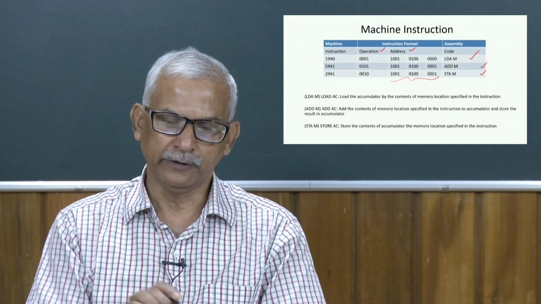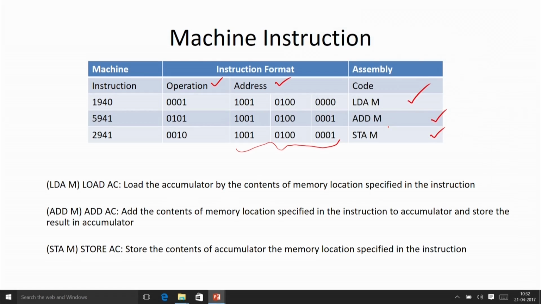Here we say that this is some code, the assembly level code, and these are the instructions which are a combination of zeros and 1s. We will say this is basically the machine level instruction; the machine understands only this bit pattern of zeros and 1s and nothing else.